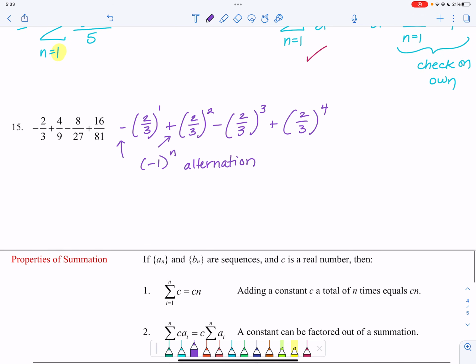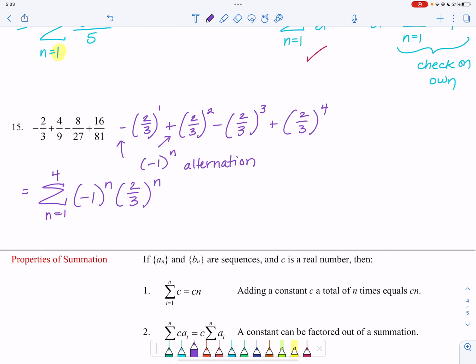So let's see if we can write that. We can say that this is equal to the sum, n equal 1 to 4, and we will have negative 1 to the n multiplied by 2/3 to the nth power.